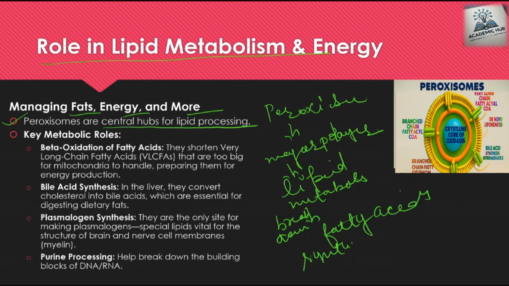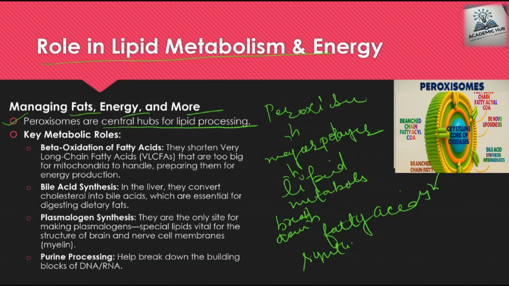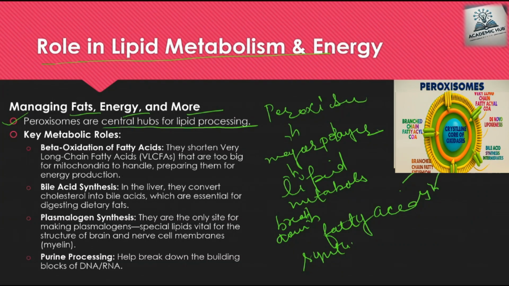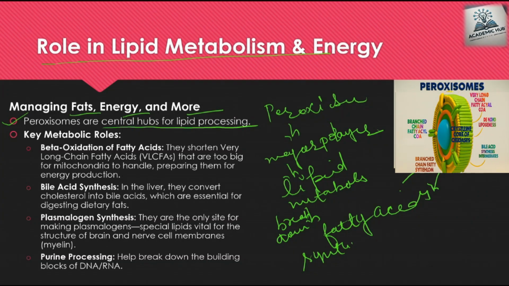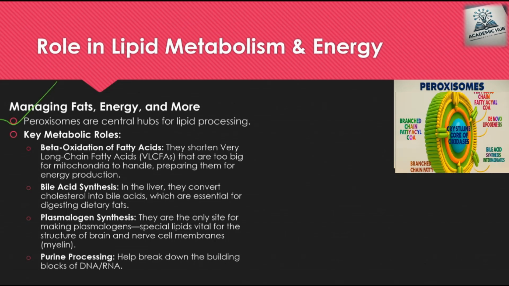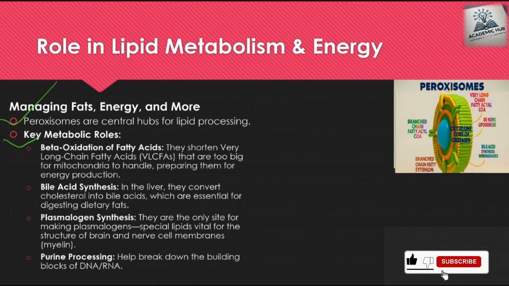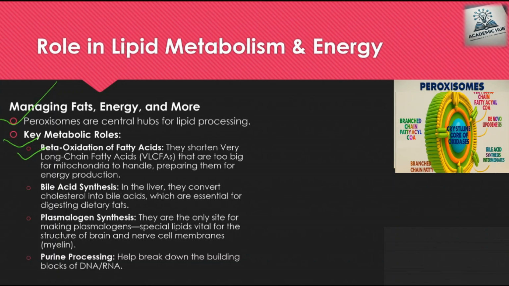It is very important to keep this structure preserved because it decides what should be outside and what should be inside the organism. So that was peroxisomes as a central hub. Now we will learn the key metabolic roles of peroxisomes in beta oxidation of fatty acids.